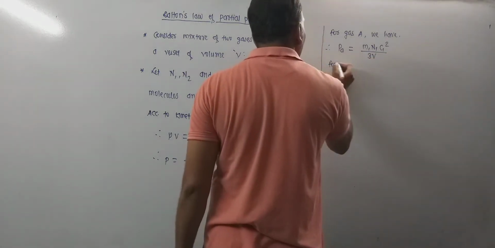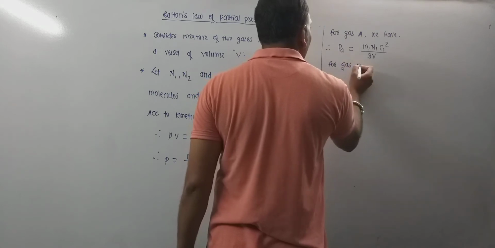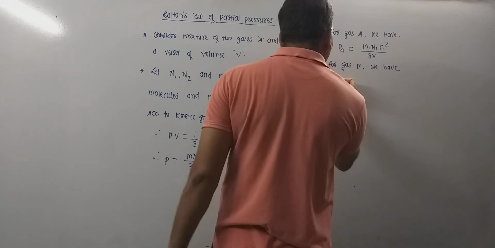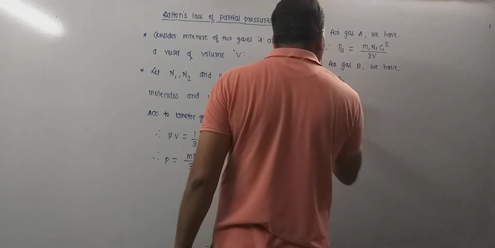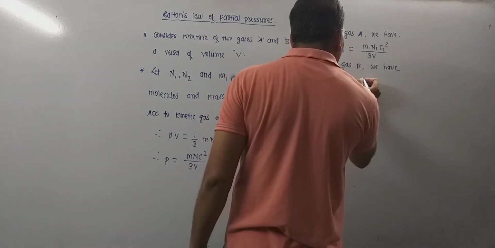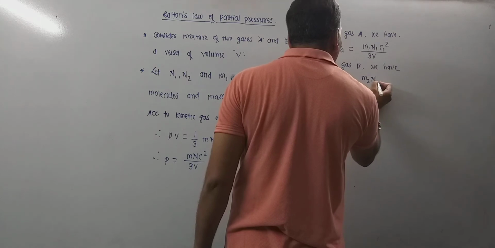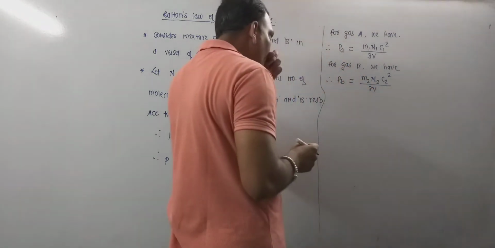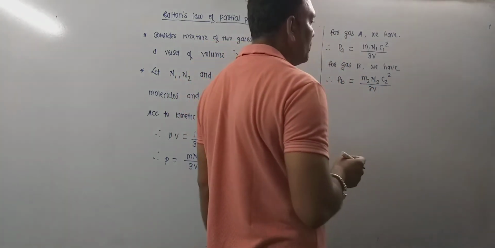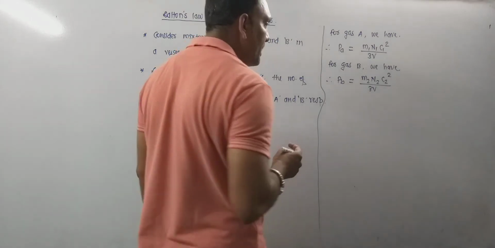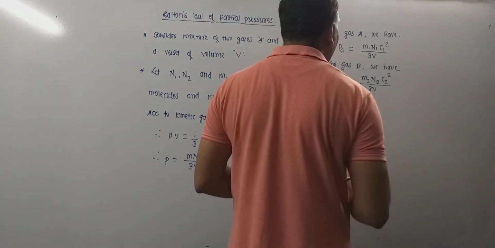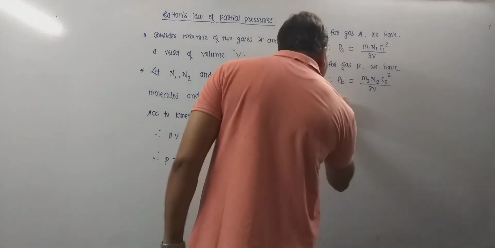And for gas B we have PB, the pressure of gas B, which is equal to M2 N2 C2 square by 3V.